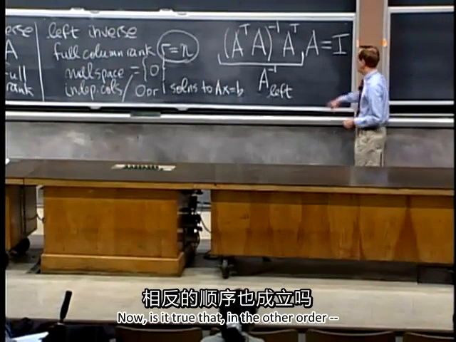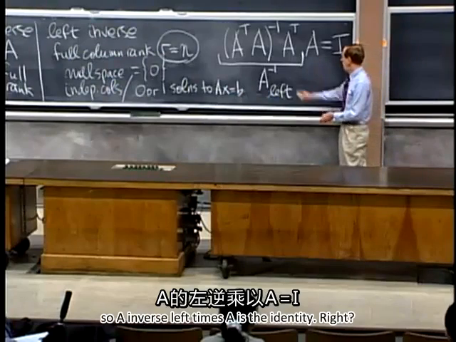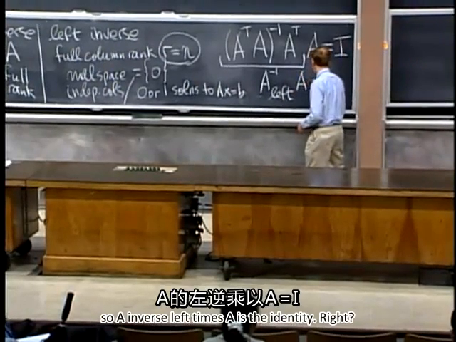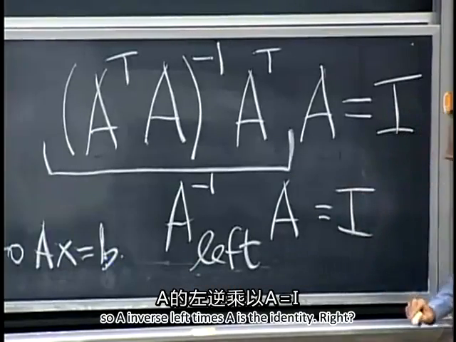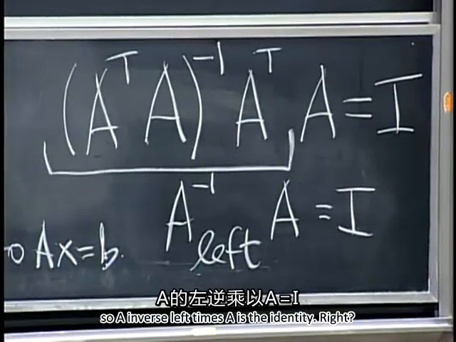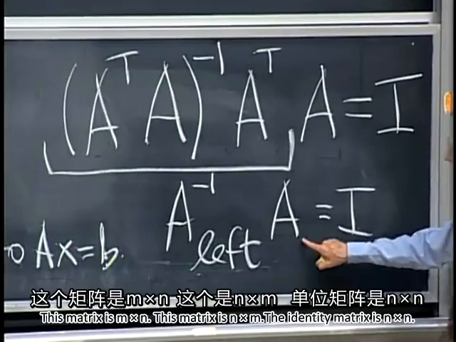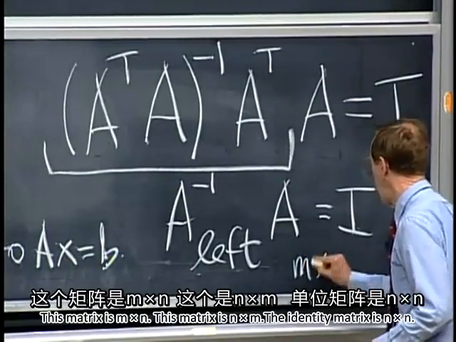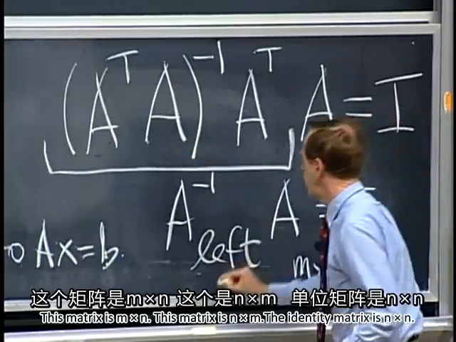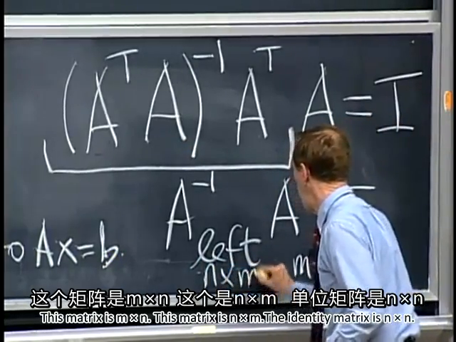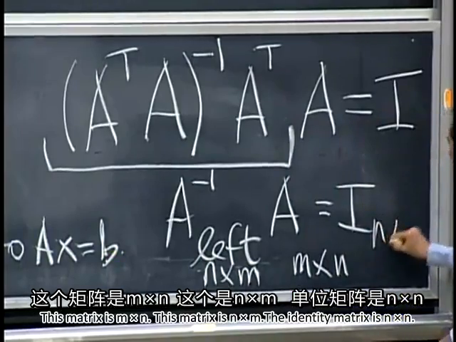Now, is it true that in the other order, A inverse left times A is the identity? This matrix is m by n. This matrix is n by m. The identity matrix is n by n.